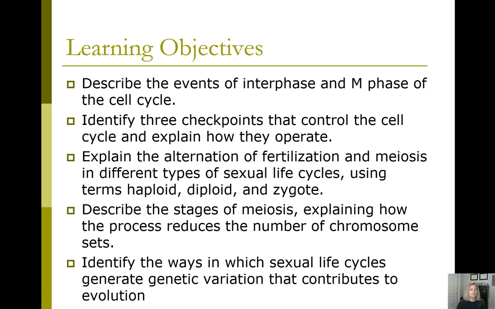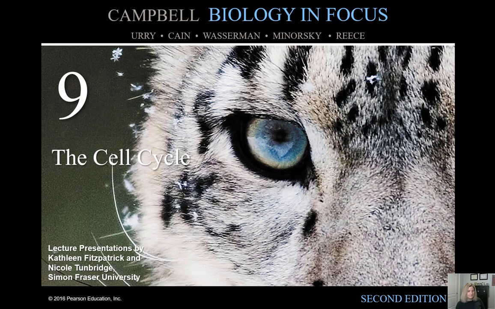And then we'll talk about the stages of meiosis and some of the genetic variations that occur during meiosis that allow us to be genetically different from each other, which allows us to evolve. We'll get into that probably on Thursday. We're going to focus in on Chapter 9 today, and then we'll do Chapter 10 on the next lecture.